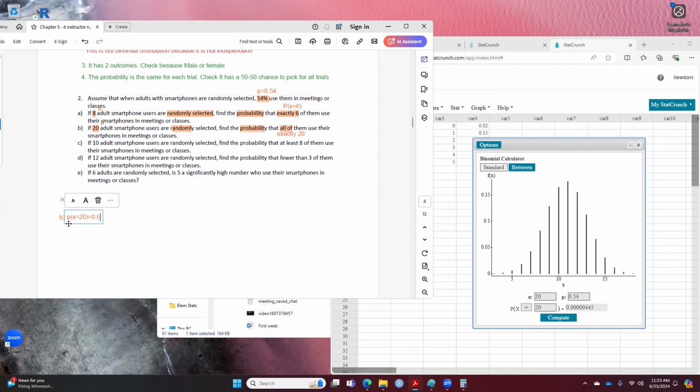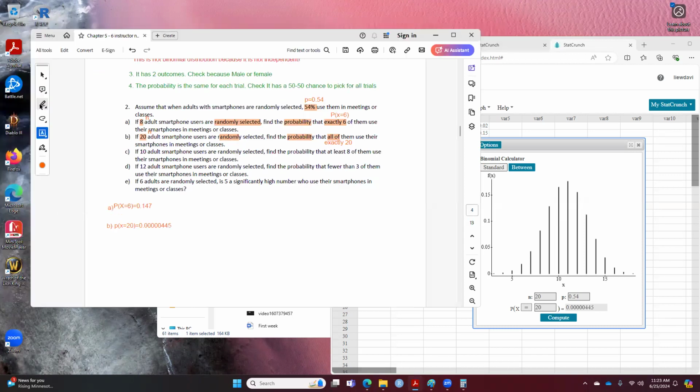Now this is hard. For me, you can write how many zeros, 1, 2, 3, 4, 5 zeros here. But in the test, you can give me 0, because if you round this to 3 or 2 decimal places, it's still 0. If you give it to me in the homework, make sure you give it as 0. You do not need to put in so many decimal places in there. So that's how we do question B.